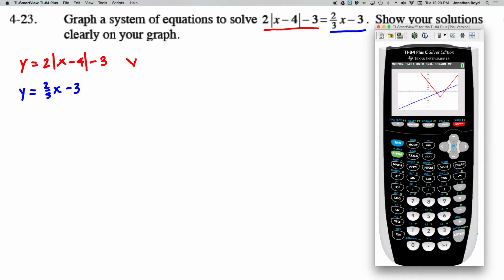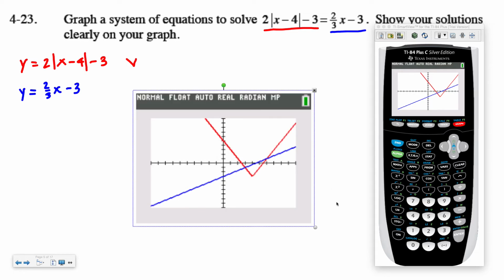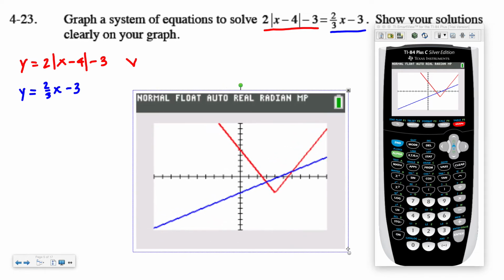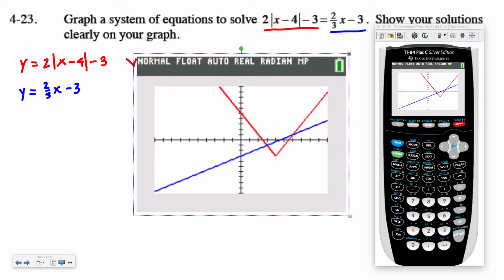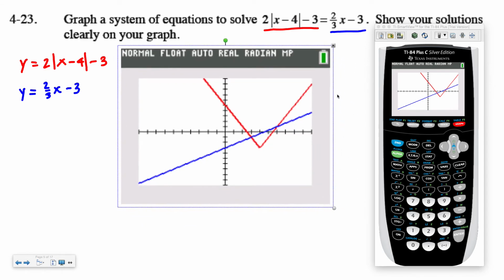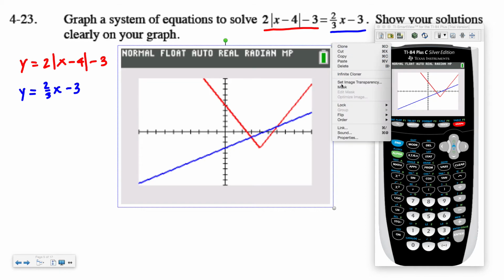We can take that now, and I'm going to pull my graph out here so we can look at it. And when we're talking about what is the solution to the equation, we have to look at the intersection points. Let's just lock that in place.